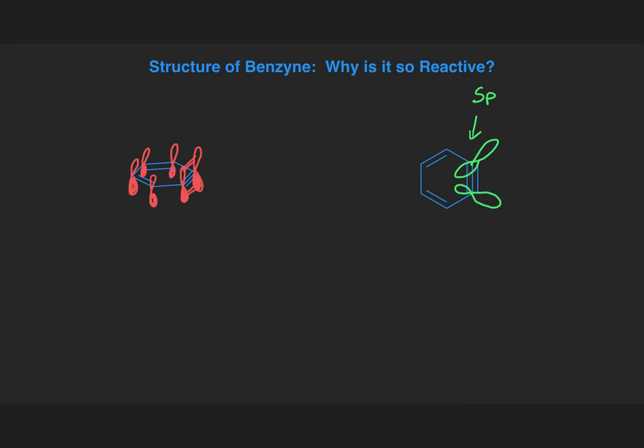And if it's an sp hybridized carbon, it should have 180-degree bond angles. It doesn't. It can't have much bigger than 120-degree bond angles because of the geometric constraints of a hexagon.